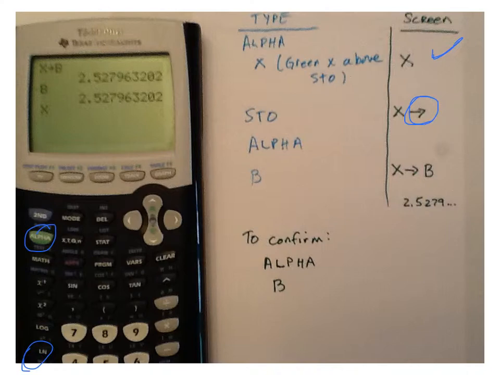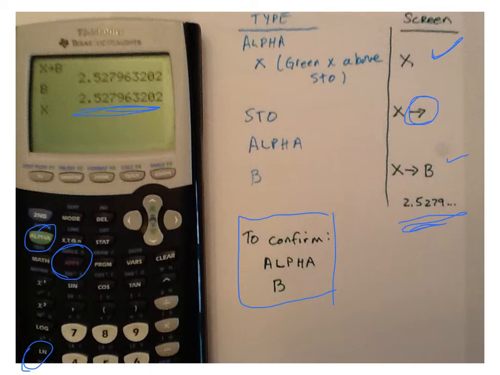Then when you hit alpha and B, B being the green part above the apps button, you're going to have X arrow B, and your screen should also start saying 2.5279, etc. To confirm that you got the number into B, just hit alpha and B and you'll end up with the number.